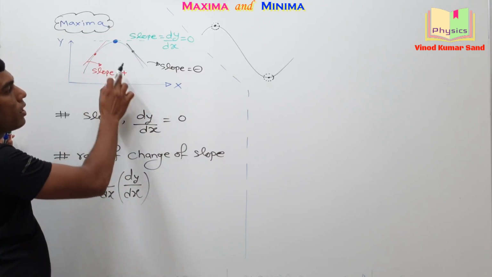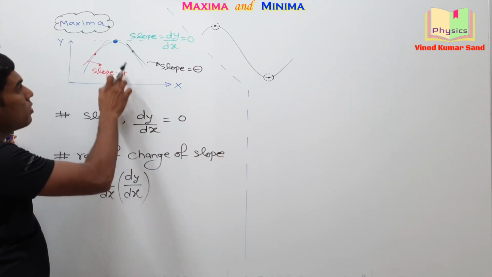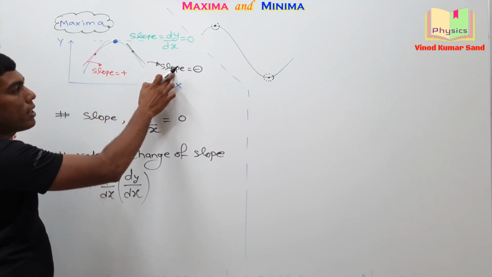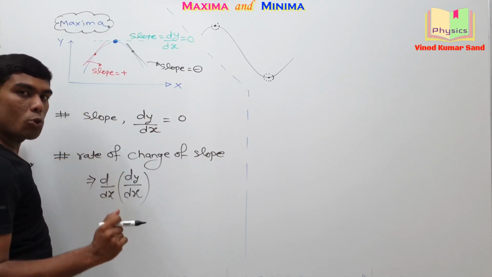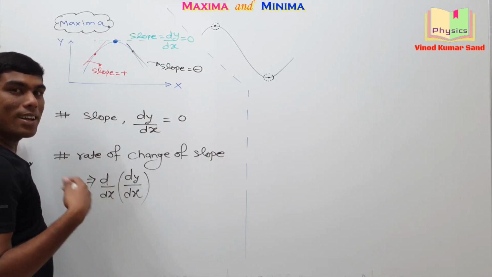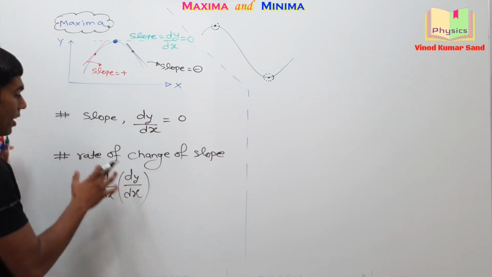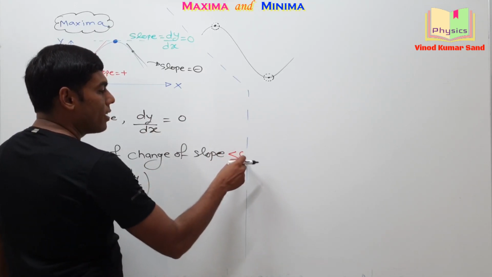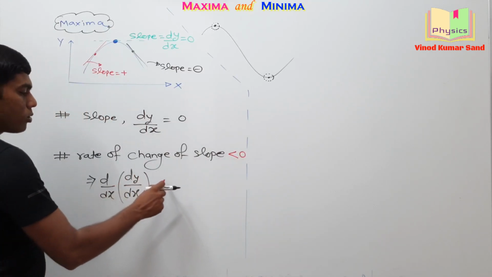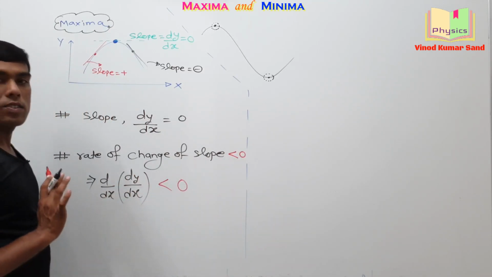Think about it. Initially the slope was positive, then it became 0 and finally it is turning negative. If you are going from positive towards negative, it means the quantity is decreasing. That's why the rate of change of slope is less than 0. So here also you can write less than 0.